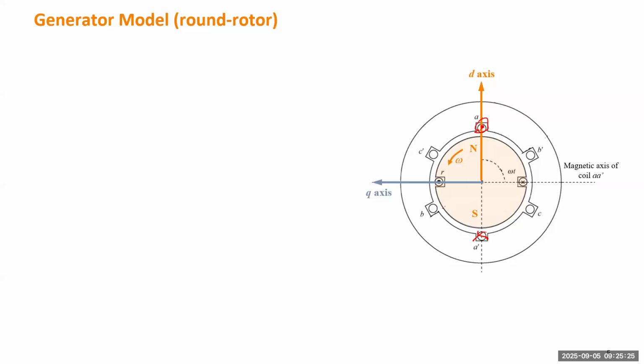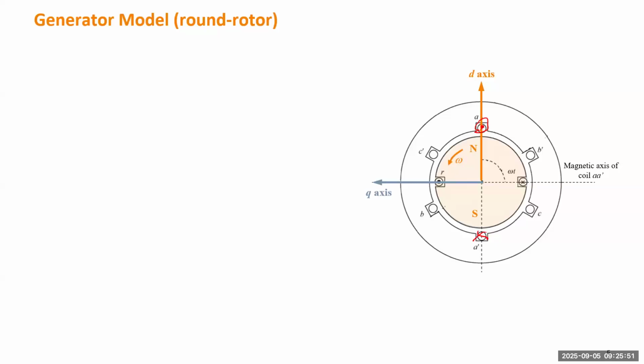But because the relative angle will be changing along this circle in the cycle, if we want to determine the voltage induced only in winding A, we need to know how much flux is really coupled with winding A. That coupling will be periodically changing.